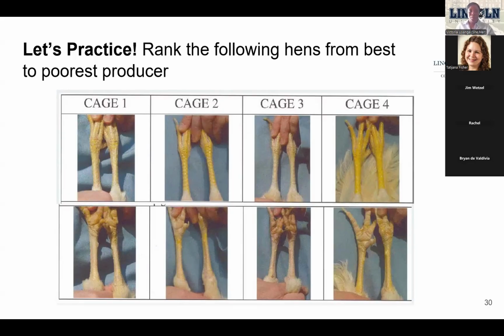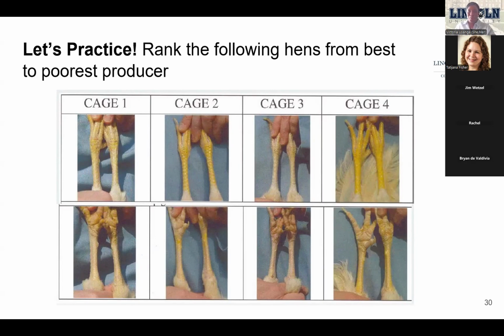Please feel free to use the chat button and put in your suggestions. Is it cage one? Is it two, three, four? Which comes first? Which is the poorest? Which is the best? Okay, 3142. All right, I'm seeing some very interesting suggestions now.